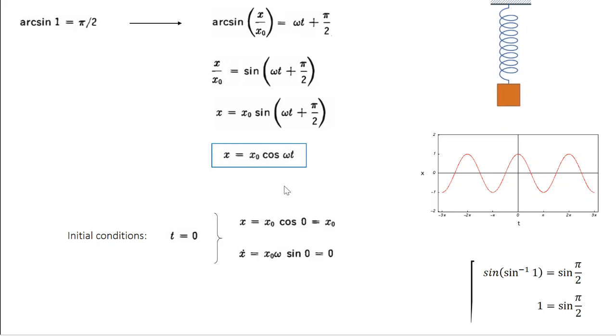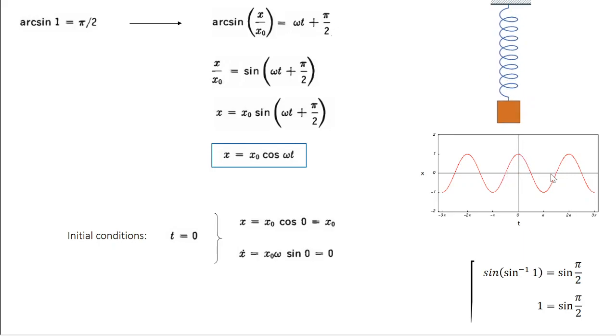As you can see, this is a sinusoidal function, right? So when you plot this function, you get a graph like this. So assume that originally you pull your mass to the extreme down position and release it. So cos 0 equal to 1. So time t equal to 0, cos 0 equal to 1. So x equal to x naught. That is your starting position. Then it moves downwards. So what happens?